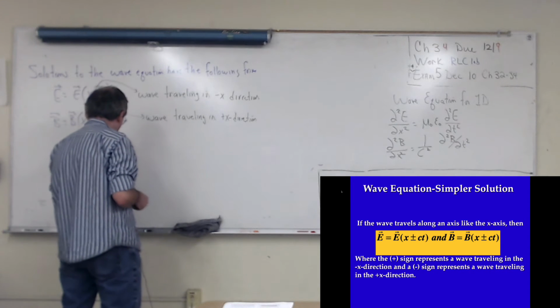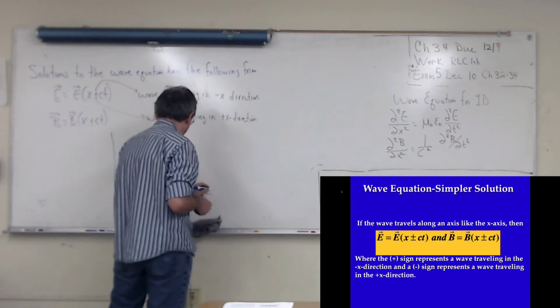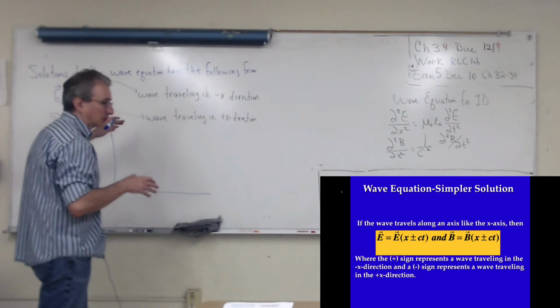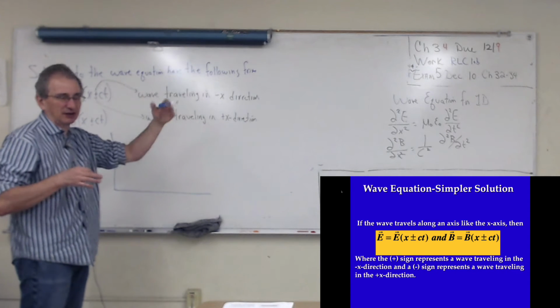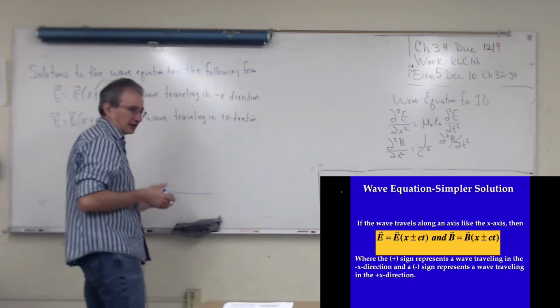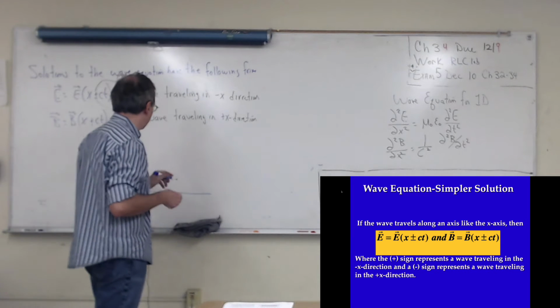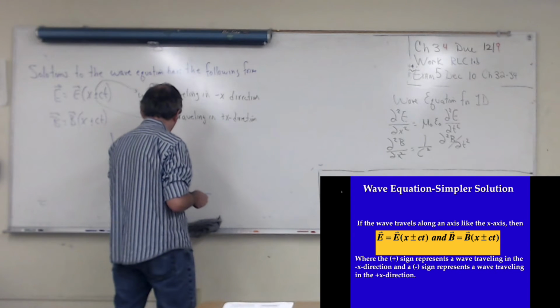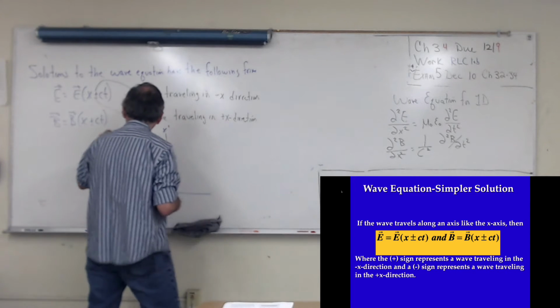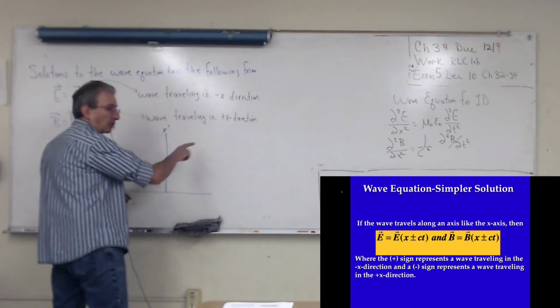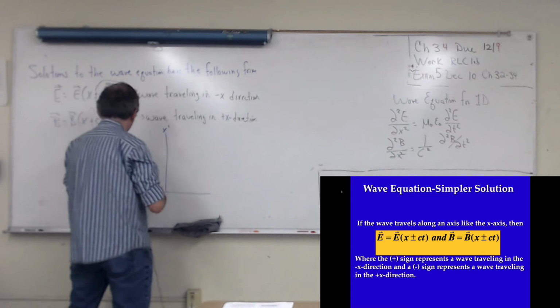I'm going to draw two coordinate systems. And let's do a mechanical wave, like a sound wave, because a mechanical wave is not traveling near the speed of light or anything. I'm going to draw two coordinate systems, x prime and x. x prime is moving to the right with speed v.